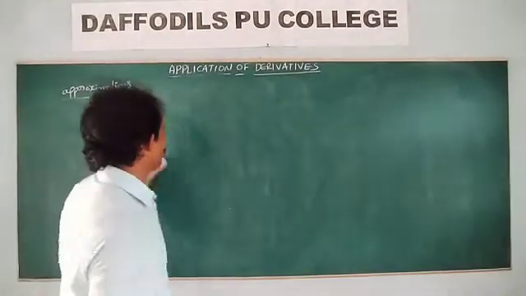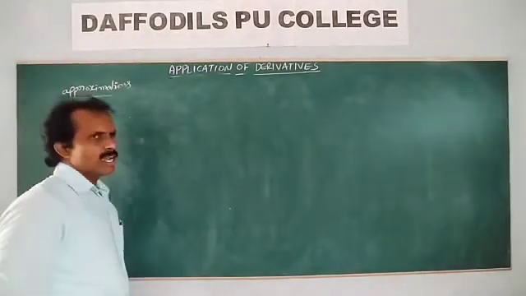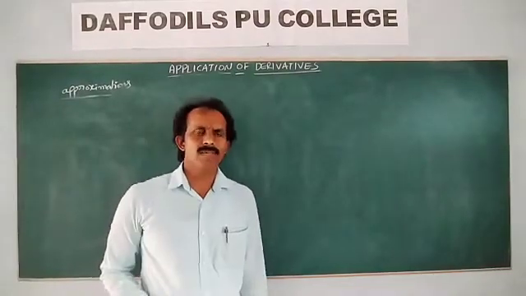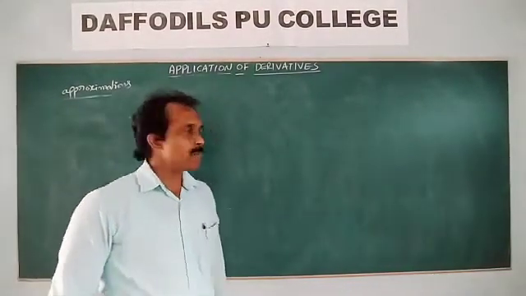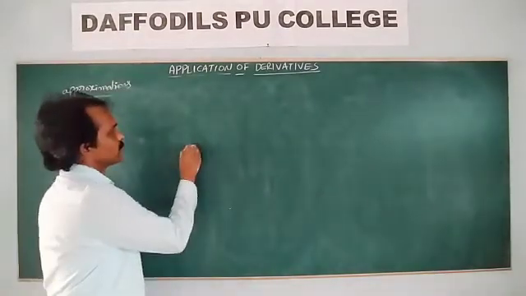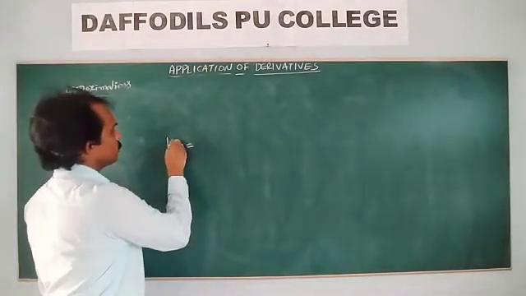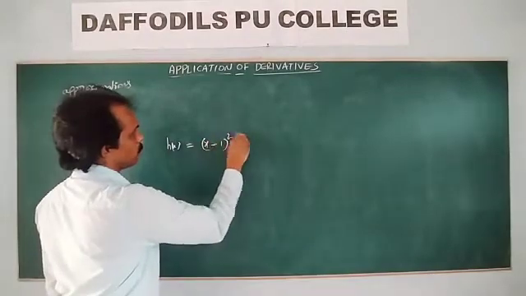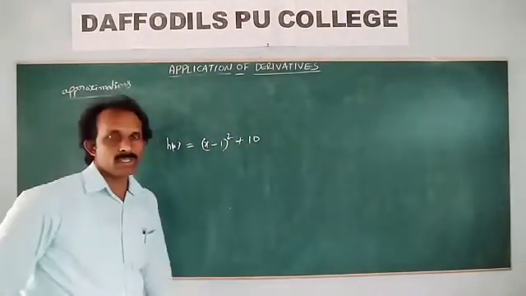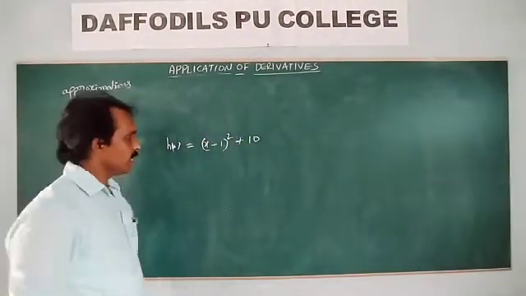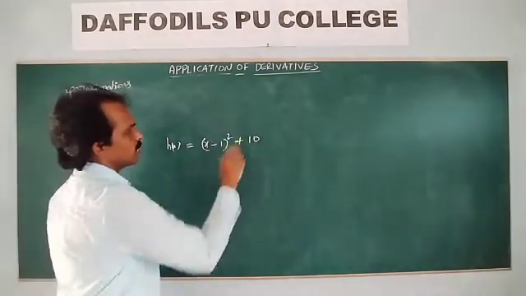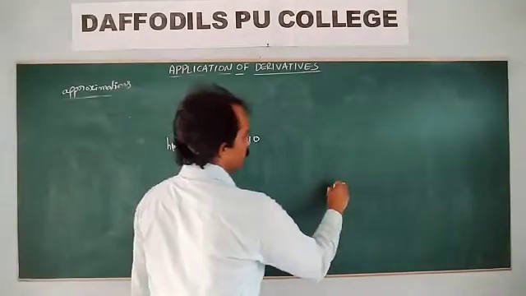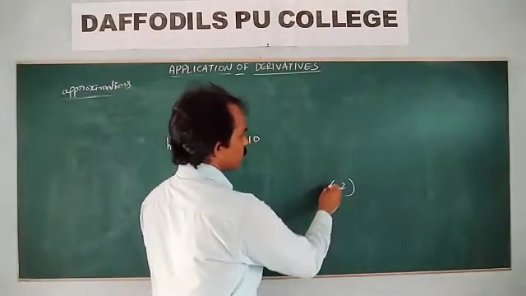And next, suppose in a war the enemy's helicopter path is x minus 1 whole square plus 10, for example, and our soldier is at the point 1 comma 2.